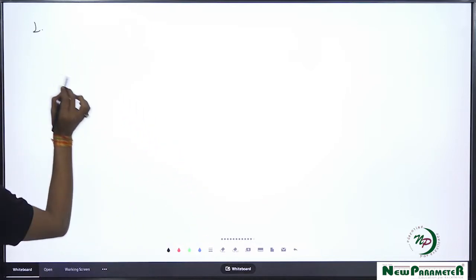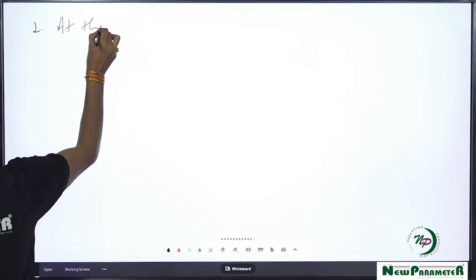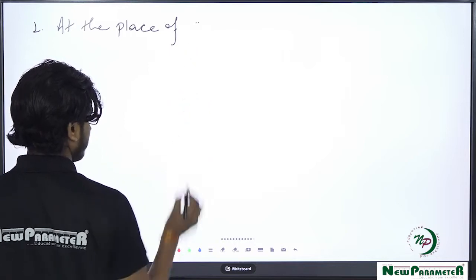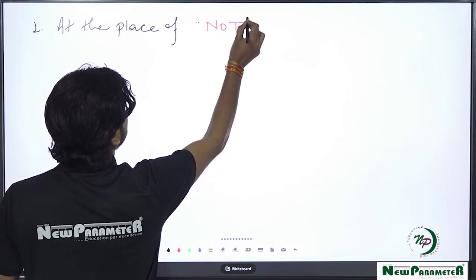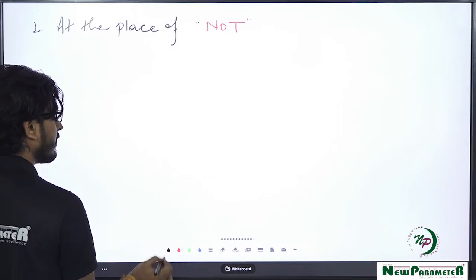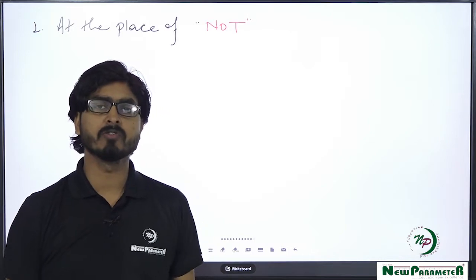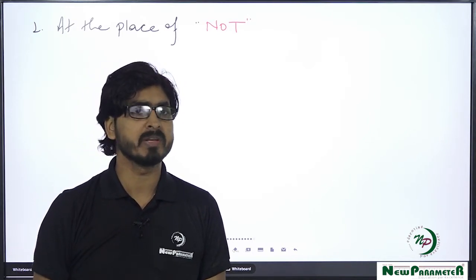First position I am writing here: at the place of not. It means that in a given sentence, wherever we use not, an adverb of frequency must be used at the place of not only.